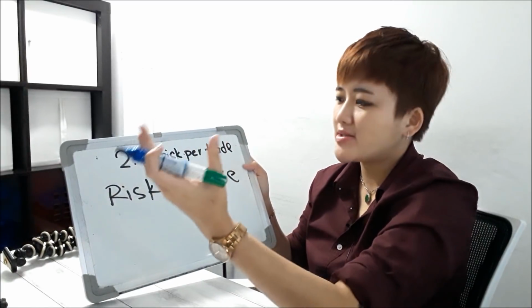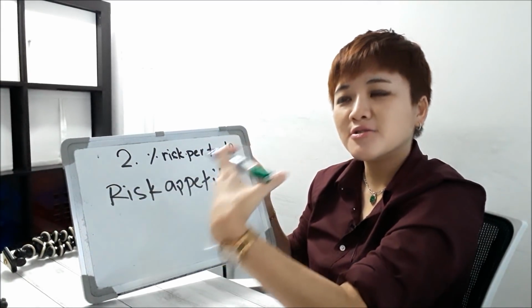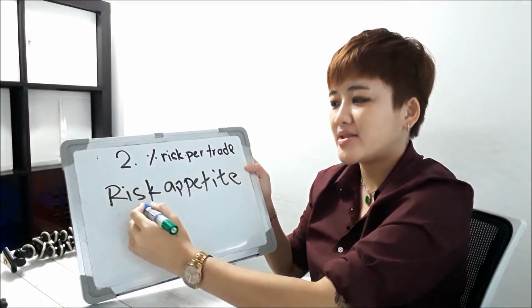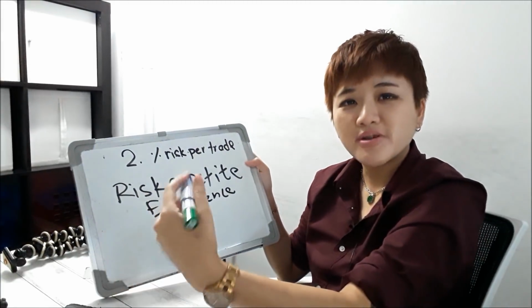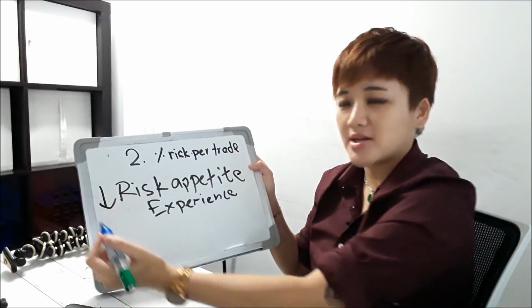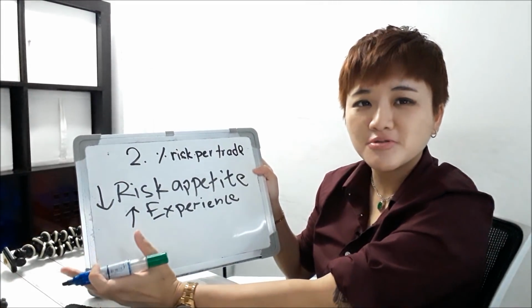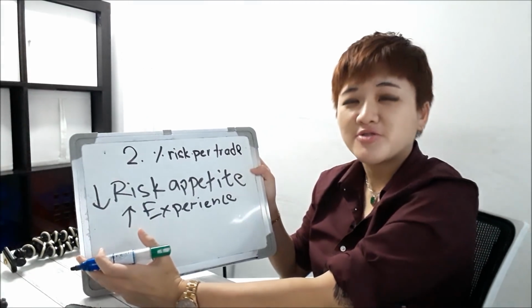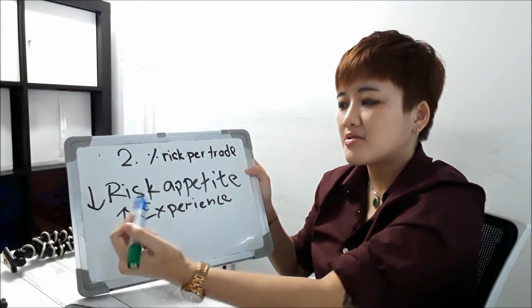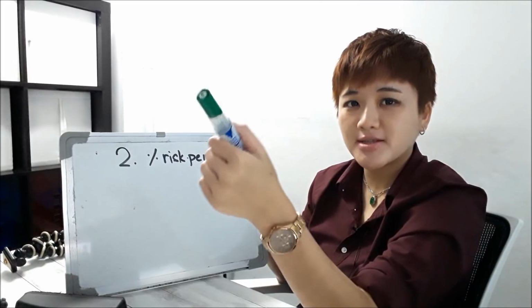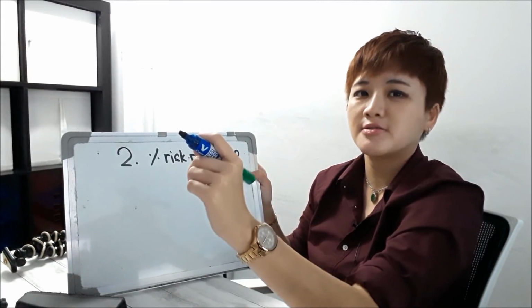So the tricky part is some people, they have a low risk appetite, okay, but they are super experienced. So if you have a low risk appetite and you have a lot of experience, then what should you do? Should you set your risk per trade based on risk appetite or experience? The more important factor is your risk appetite, okay?